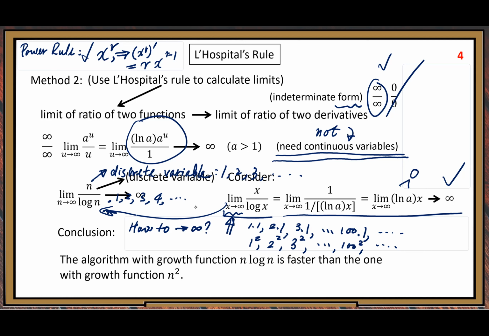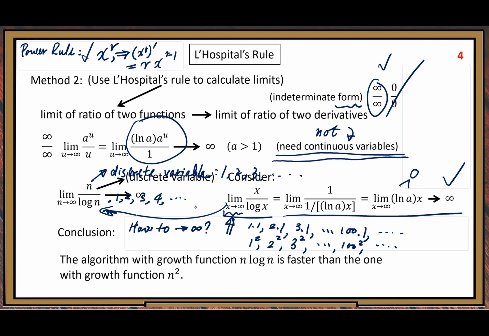It just works on the discrete variable directly. Then there is a hole because the derivatives do not exist for discrete variables. So be careful when you read the textbook. Any question?